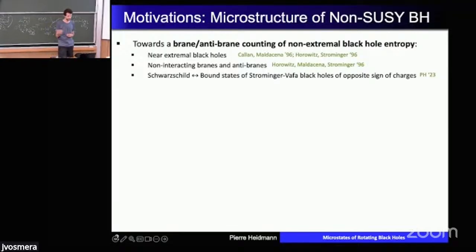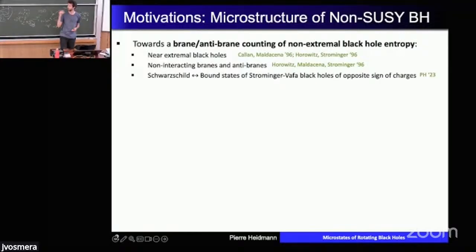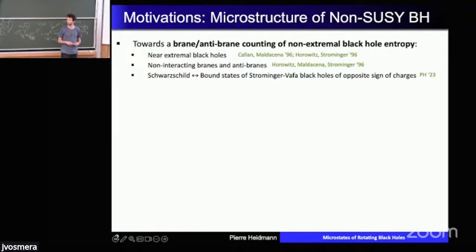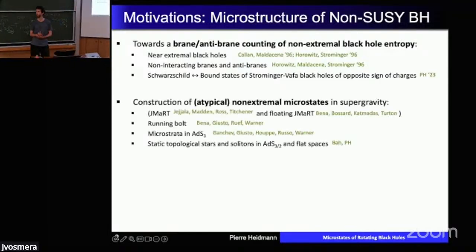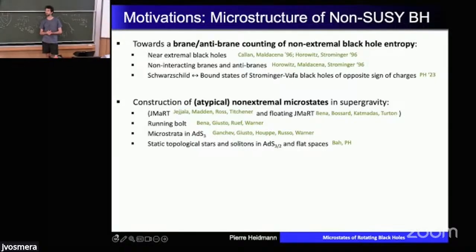The idea is if supersymmetric black holes are made of branes, non-supersymmetric ones need anti-branes. And recently, I also published something where we try to understand Schwarzschild entropy in terms of bound states of branes and anti-branes. Okay, this is not the subject of this talk. The subject of this talk will be to try to extend the microstate geometry program beyond supersymmetry and build non-extremal microstates of black holes.